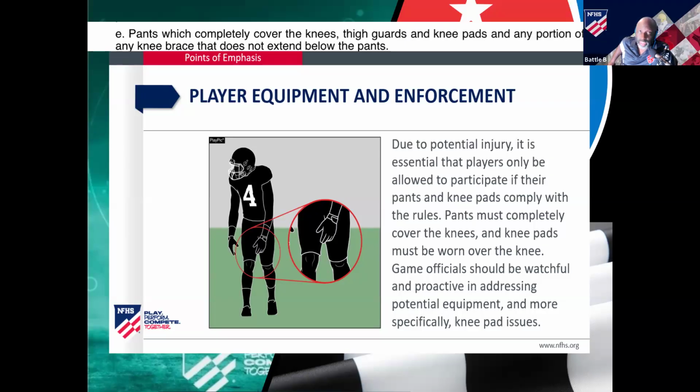Again, I can show you tons of videos where officials just are reluctant to enforce it. And if you look at the top here, that's the rule in 1.5. Pants which completely cover the knees, thigh guards, knee pads, and any portion of any knee brace that does not extend below the pants. All right. So this is a rule that has to be followed.